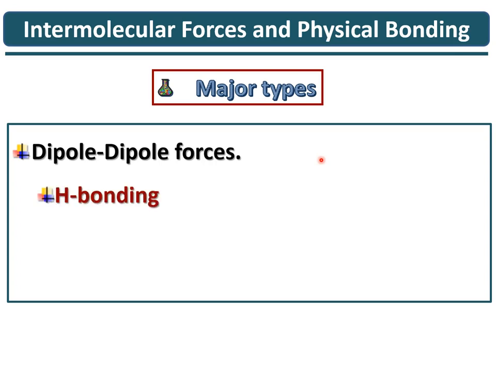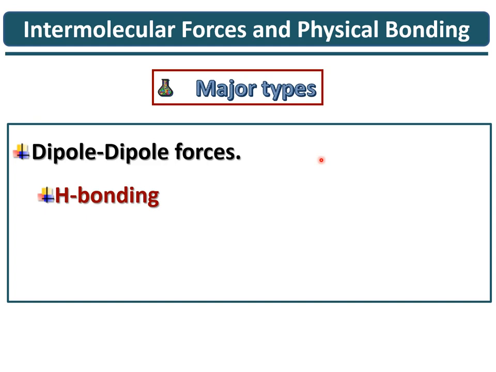When one of the atoms participating in the polar bond is hydrogen, and the other one is a highly electronegative atom, like chlorine in HCl, the dipole force will be a special class, now called a hydrogen bond. So this is a special class of dipole force, when one atom is hydrogen and the other is a highly electronegative atom like fluorine or chlorine.